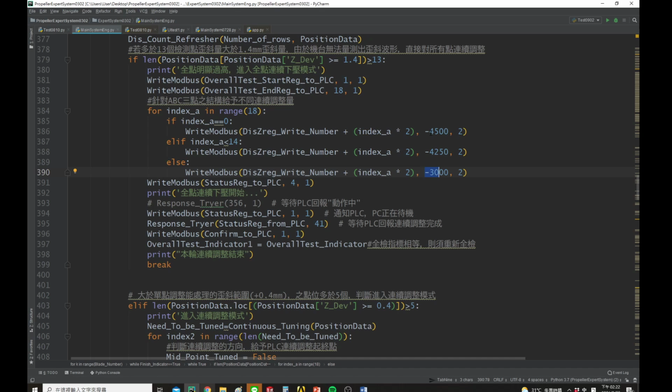So for example, if we want to write 4.5 into the register, we should write 4500. Yes. Right? So in total continuous tuning, we give different structures different displacement values.